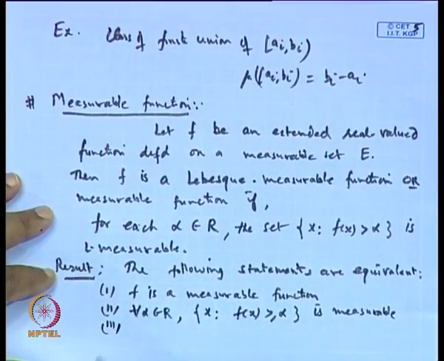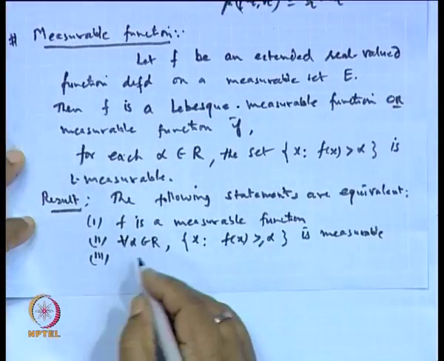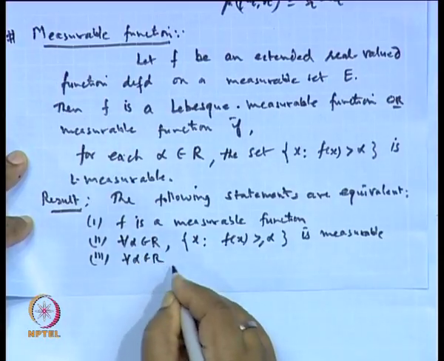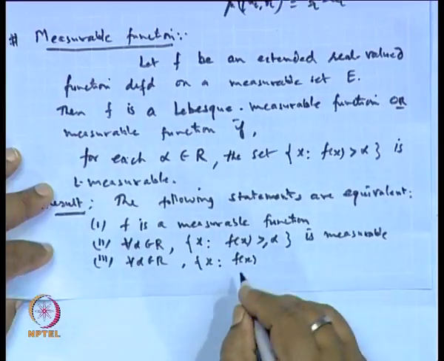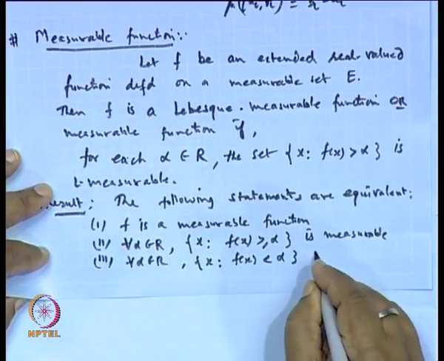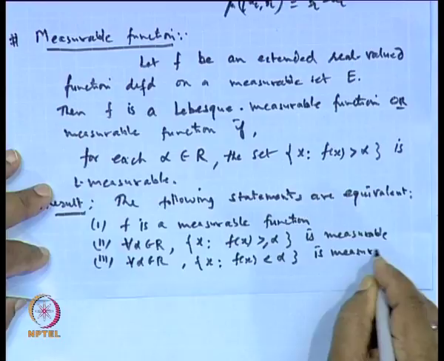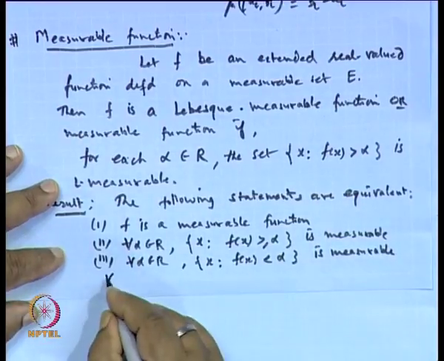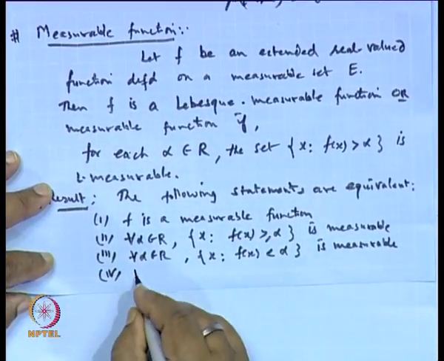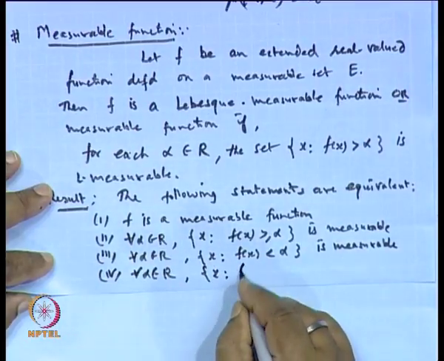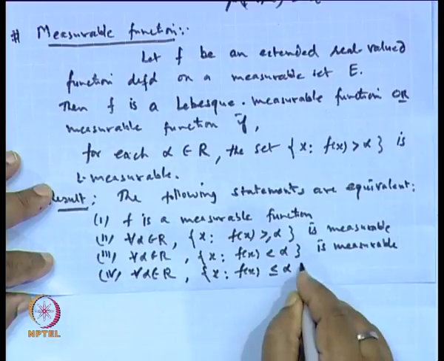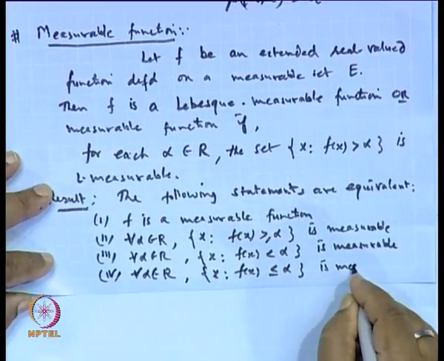Third, for every alpha belonging to R, the set of x such that f(x) is strictly less than alpha is a measurable set. And fourth, for every alpha belonging to R, the set of x such that f(x) is less than or equal to alpha is a measurable set.